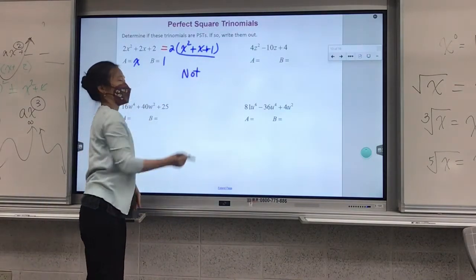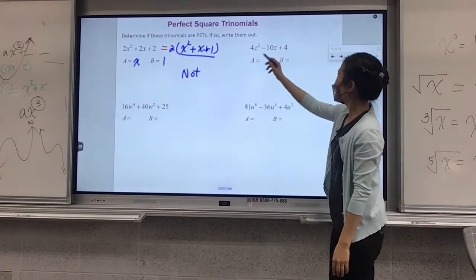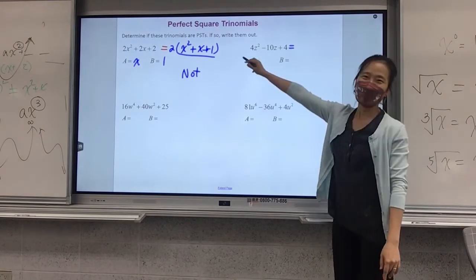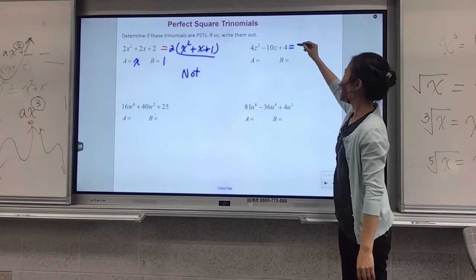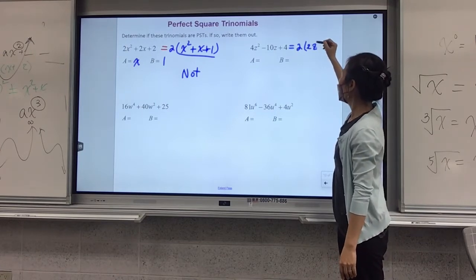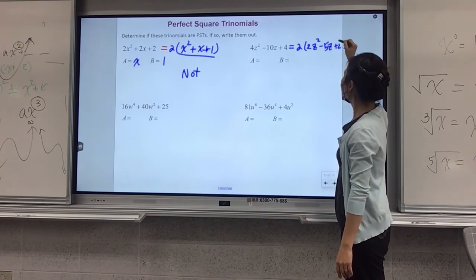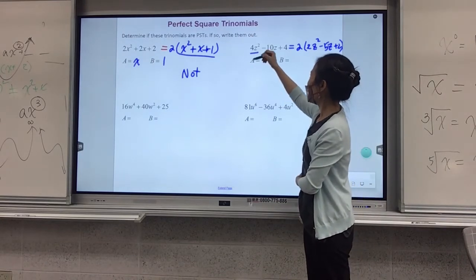Here, can we factor? What is the common factor between the three? 2. Actually factoring doesn't help. Is it still not factorable? This is not a perfect square. So if you start from here, what is the perfect square here?